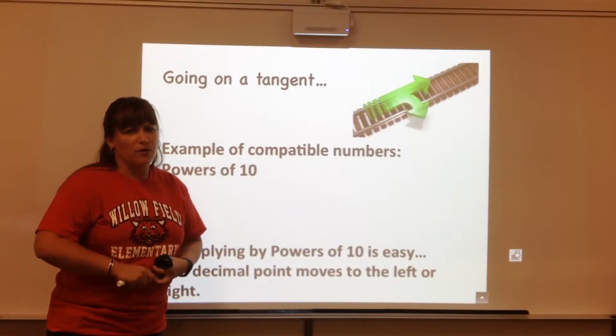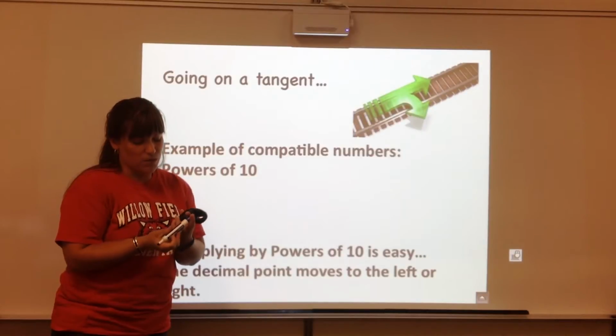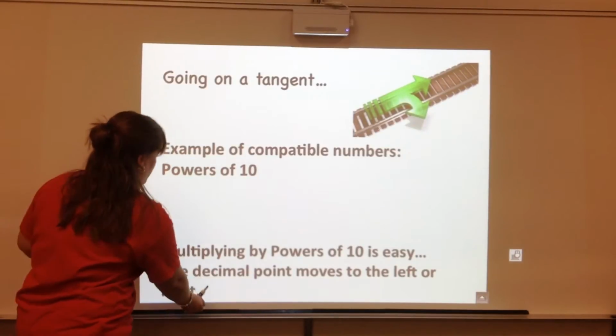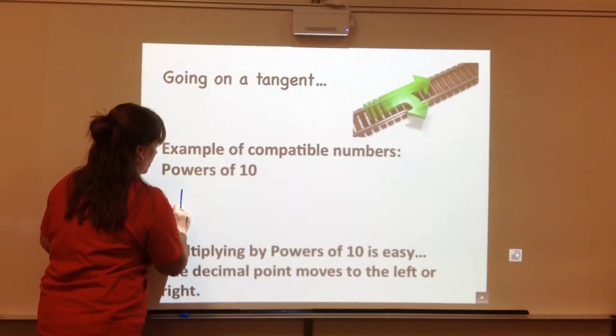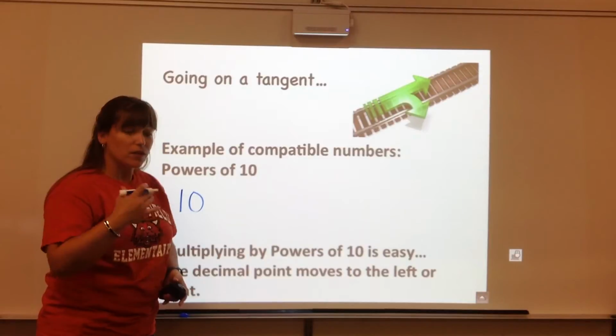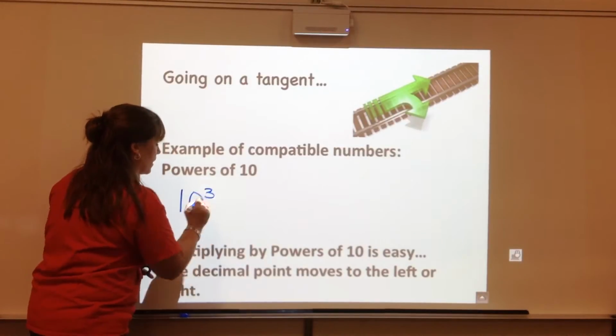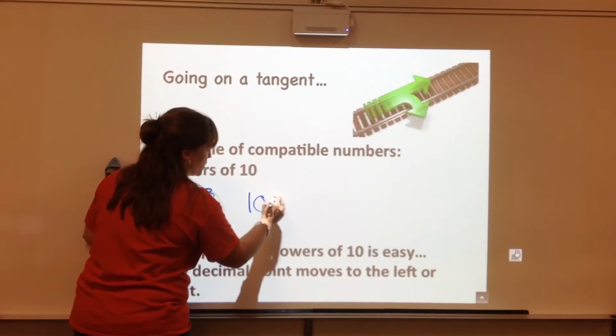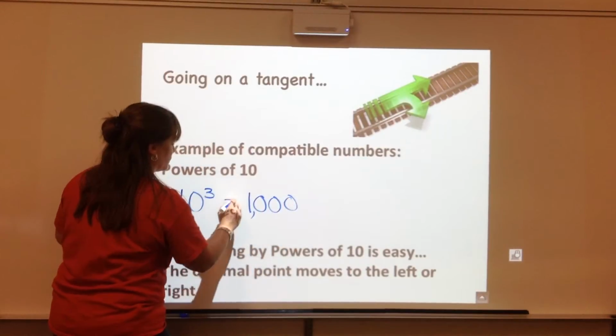If you remember, powers of 10 happen to be those little exponents. So, for instance, if you can write down these, this is going along with your note page here. 10 to the third power is the number 1 with 3 zeros to the right of it.